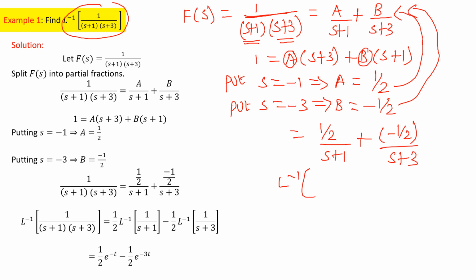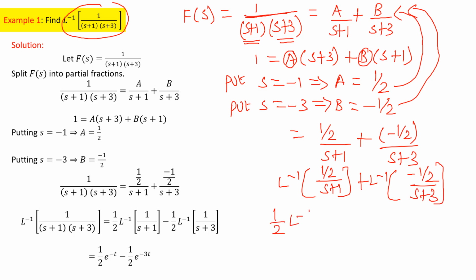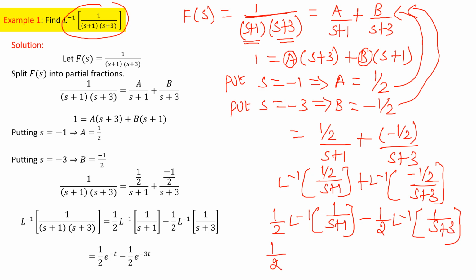By taking the constant outside, we have 1 over 2 L inverse of 1 by (s plus 1) minus 1 over 2 L inverse of 1 by (s plus 3). So the final answer is 1 over 2 e power minus t, minus 1 over 2 e power minus 3t.